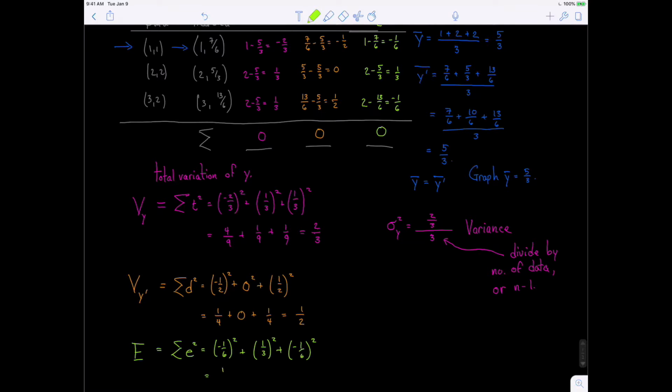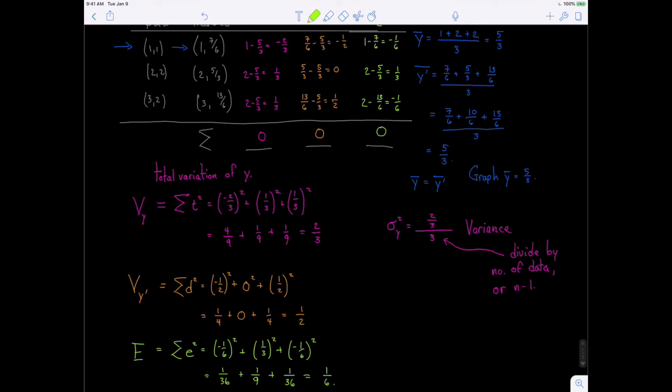So this is going to be 1/36 plus 1/9 plus 1/36. You need a common denominator of 36. So this is going to be 1 plus 4 is 5, plus 1 more is 6, which gives me 6/36, which is 1/6.